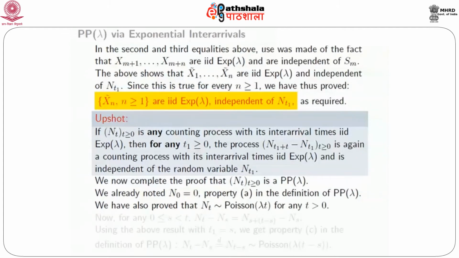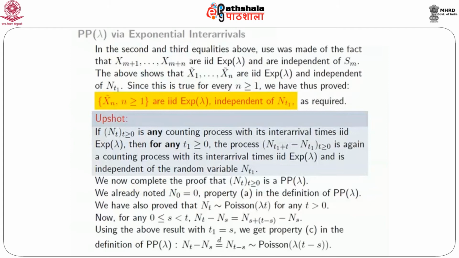So now let's complete the proof that N(t) is actually a Poisson process with rate lambda. We already noted N(0) equals 0, which means property A in the definition of PP(lambda). We have also proved that for any t positive, N(t) has a Poisson lambda t distribution. But now for any s less than t, N(t) minus N(s) can be written as N(s + (t minus s)) minus N(s). Using the above result with t1 equal to s, N(t) minus N(s) is nothing but N tilde at t minus s.